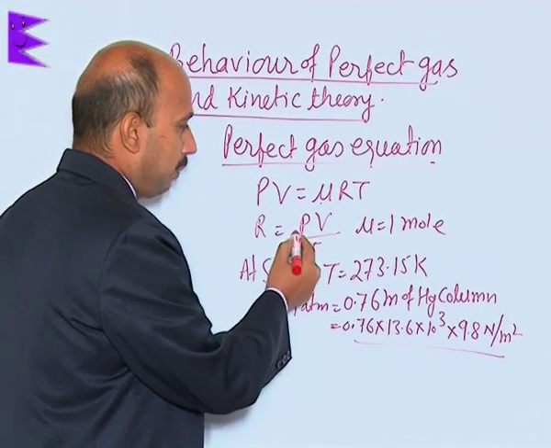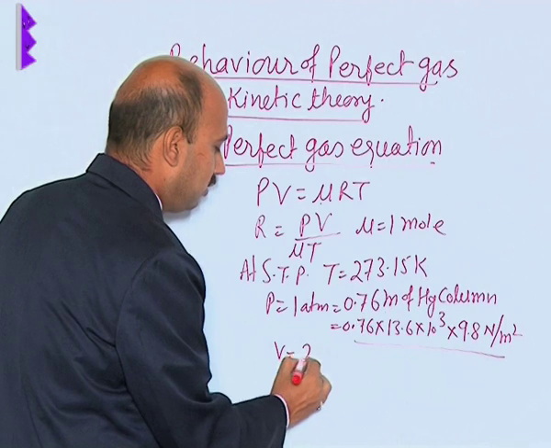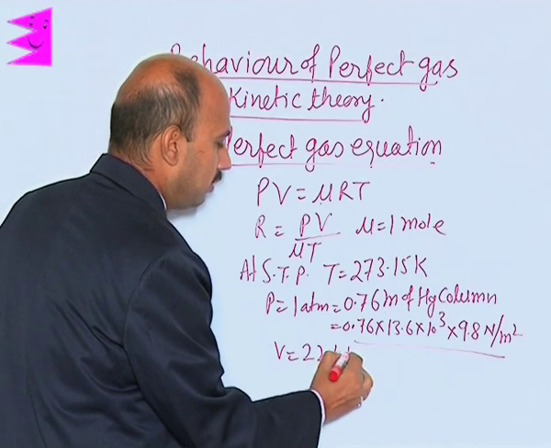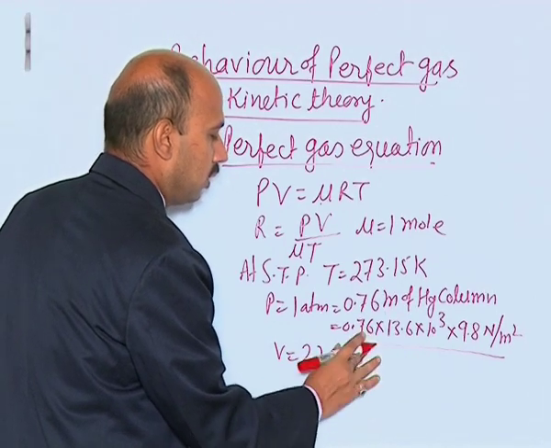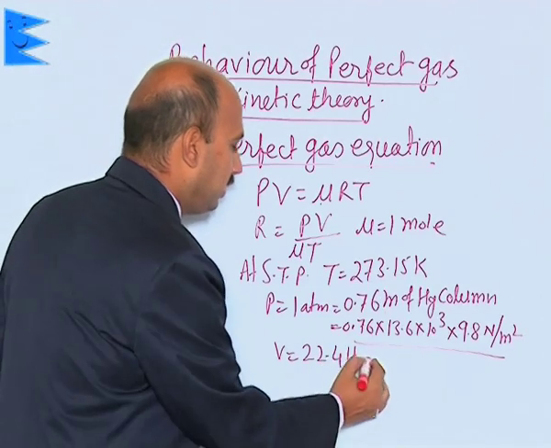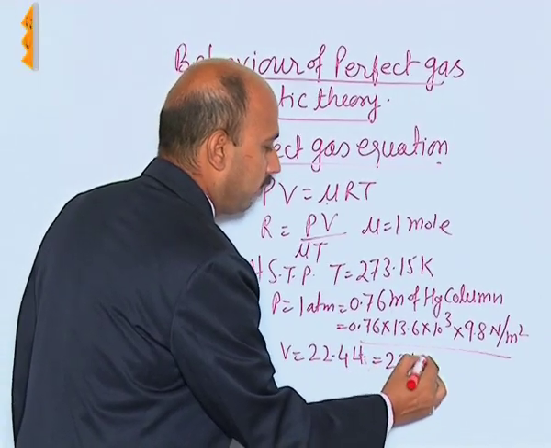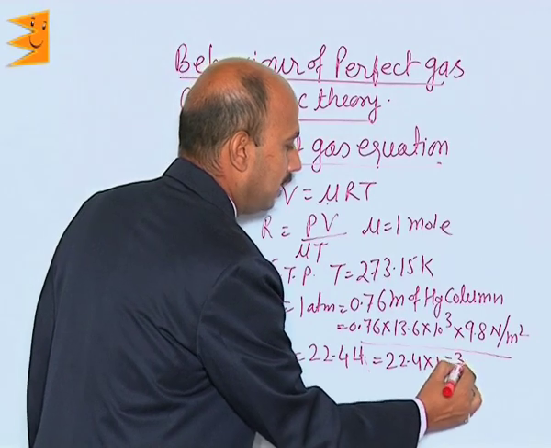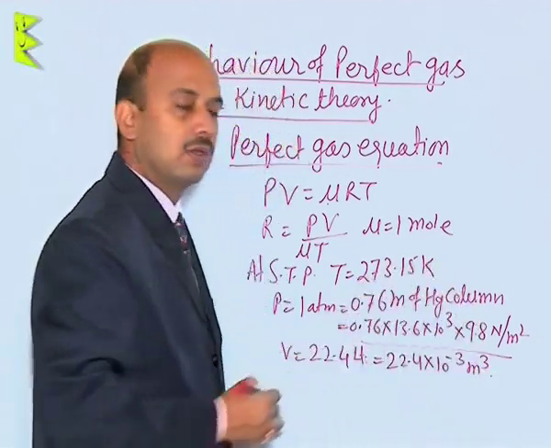Now we know the pressure and volume, this is your 22.4 liters. So 22.4 liters can be written as 22.4 into 10 raised to power minus 3 meter cube.